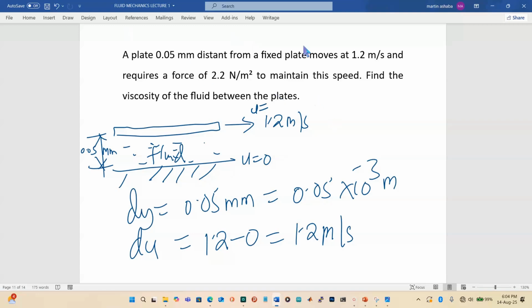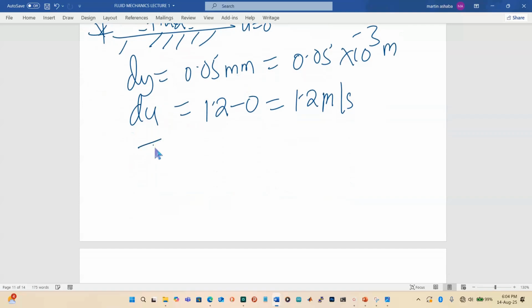Then if they tell you that it requires a force of 2.2 newtons per square meter, if it has a square meter, then it means this becomes tau, which is shear stress. If it is only a force, it would be 2.2 newtons. So tau is given as 2.2 newtons per square meter.